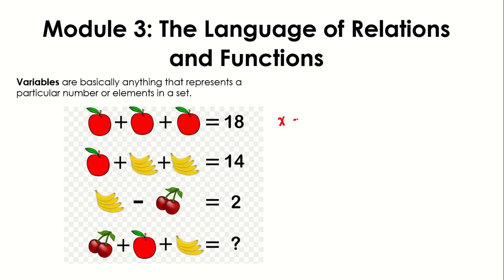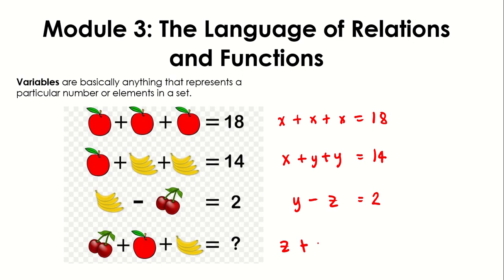We have x plus x is equal to 18, and then x plus y is equal to 14, and then y minus z is equal to 2, and then z plus x plus y is equal to unknown.